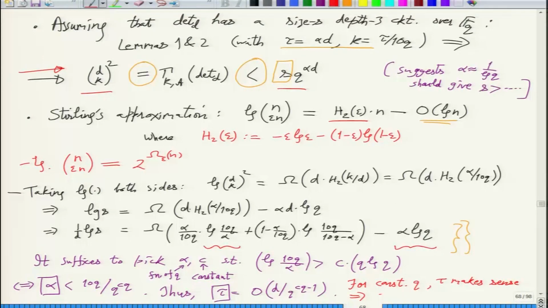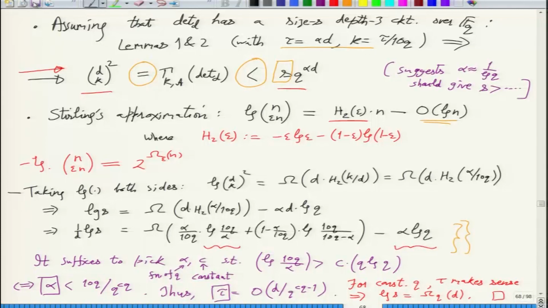Otherwise, you will just get that log s is omega of d, with constants depending on q. So that finishes the proof. You get s equal to 2 raised to omega d. Constants depend on q, and this works up to q smaller than log d over log log d. Is this clear?